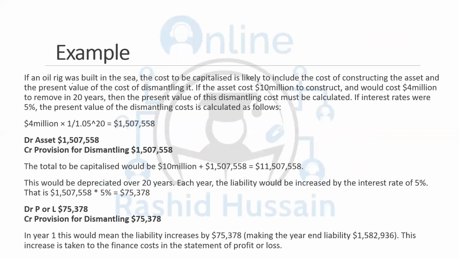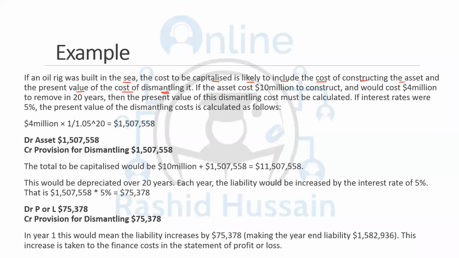Okay, the first example. If an oil rig was built in the sea, the cost to be capitalized is likely to include the cost of constructing the asset and the present value of the cost of dismantling it. If you're building an oil rig which is going to extract the oil from the sea, we see it in many countries.